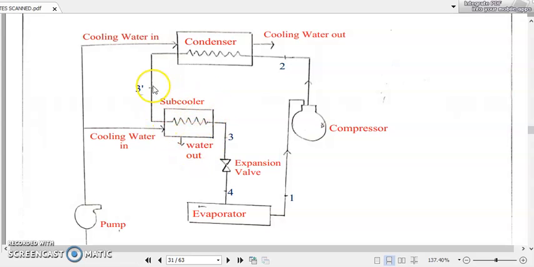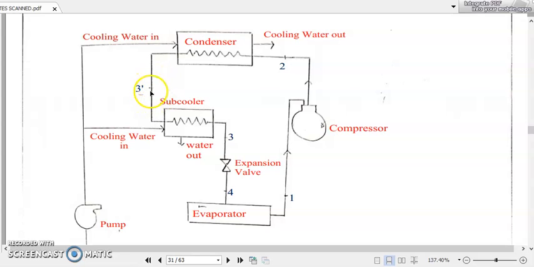So that is why an additional portion is happening here, and that is marked here as point 3'. So from 2 to 3', what is happening? The superheated vapor form of the refrigerant is getting condensed to a high temperature liquid form of the refrigerant. At point 3', the state of the refrigerant is liquid, but it will be at a very high temperature.